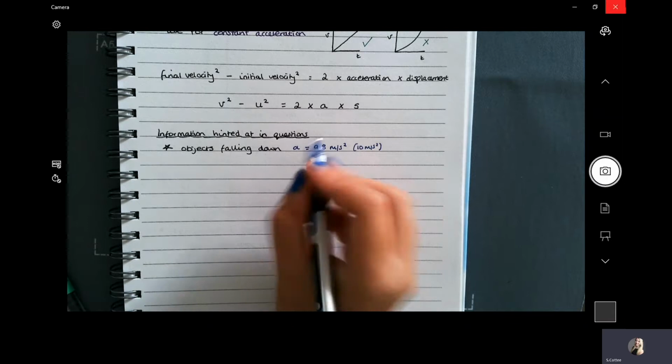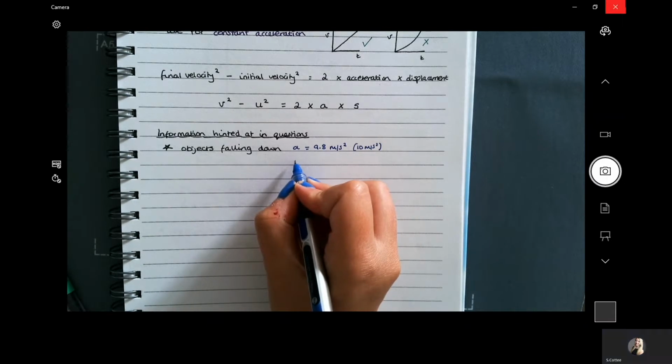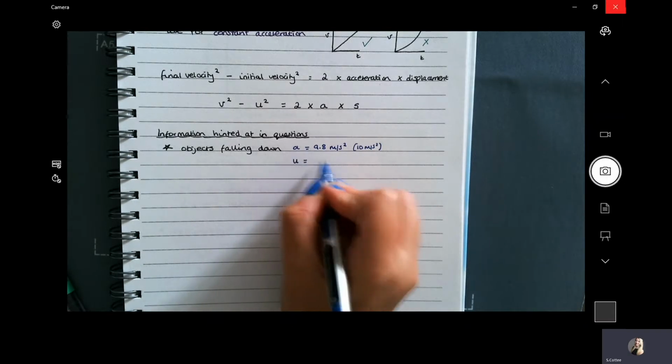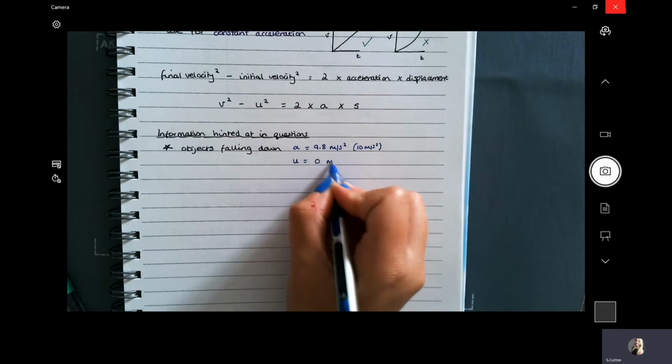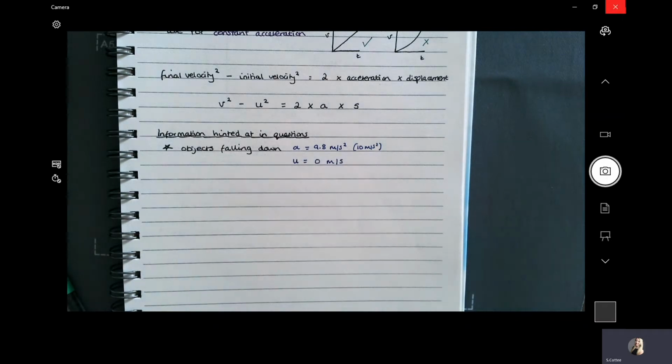Again, they should tell you in the question, but just in case they don't, always 10 meters per second squared for an object falling down or accelerating due to gravity. An object falling down also will start with 0 velocity. So the initial velocity will always be 0 because it's being dropped from a certain height. It starts off being stationary in your hand or wherever it's falling from, and then will hit the floor at a certain velocity.